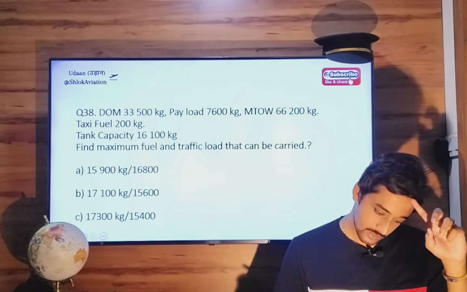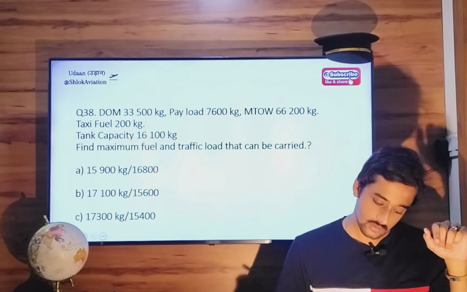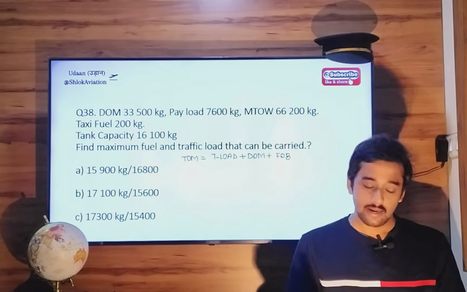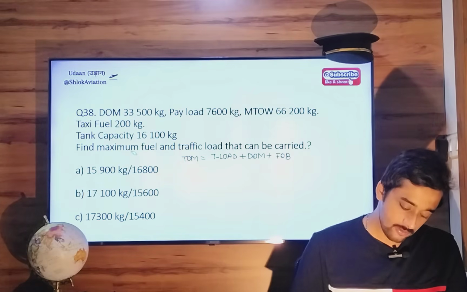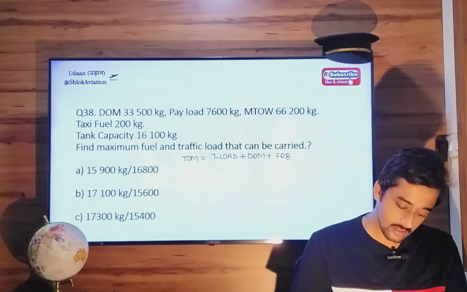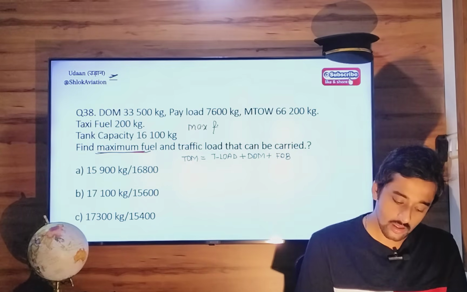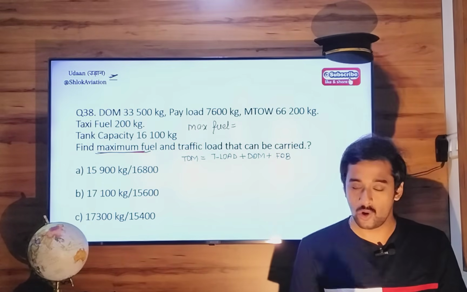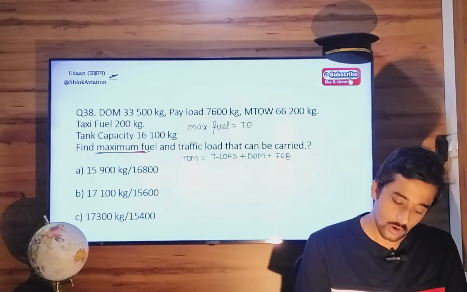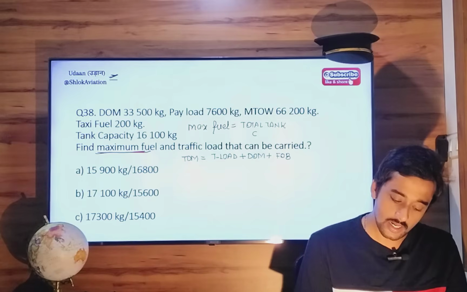And now over here find maximum fuel. Maximum fuel that you can carry on board will be your total tank capacity minus taxi fuel.